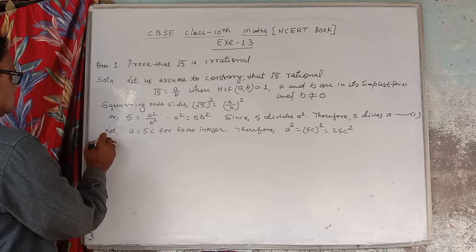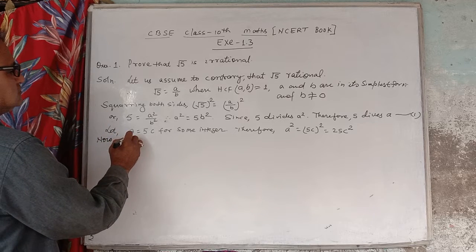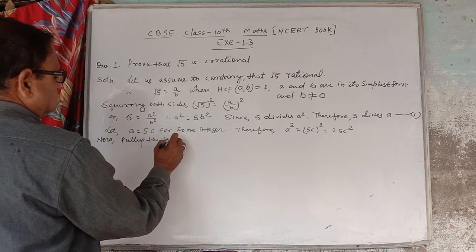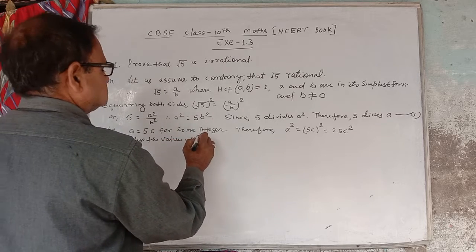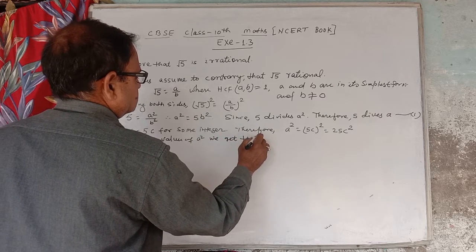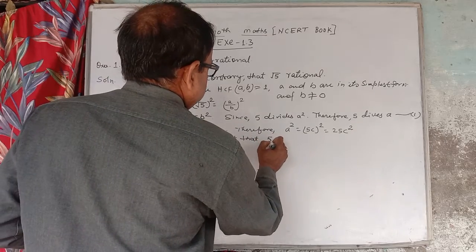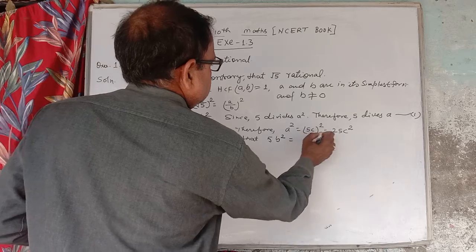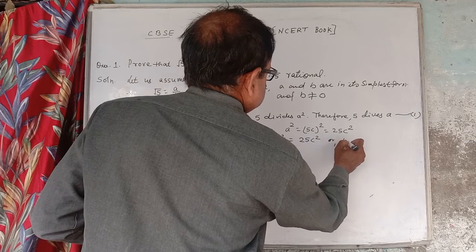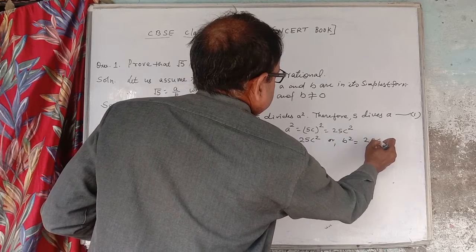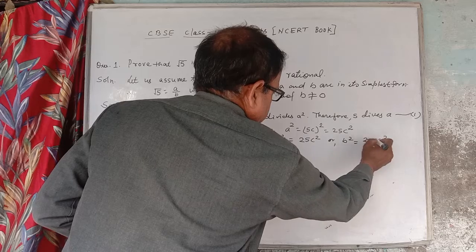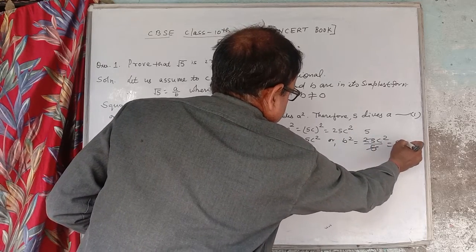Now, putting the value of a square, we get that 5b square is equal to 25c square, or b square is equal to 25c square divided by 5, and 5 cancels 25 by 5, that's equal to 5c square.